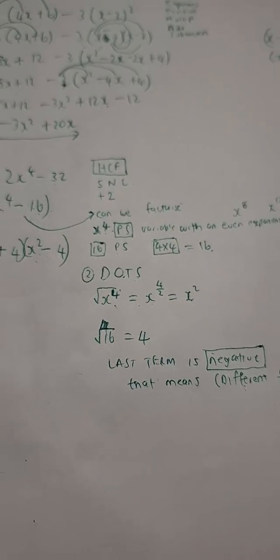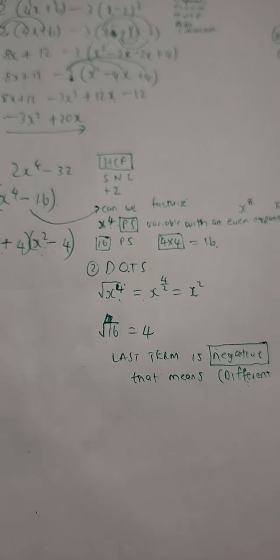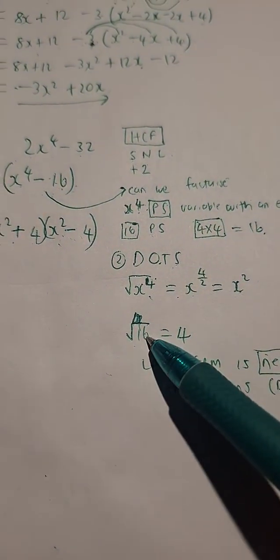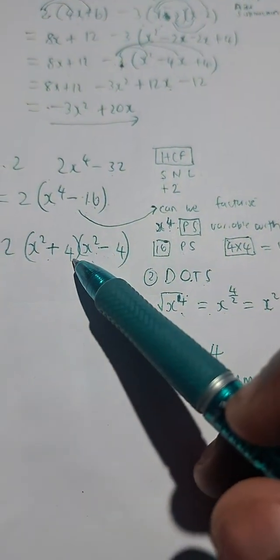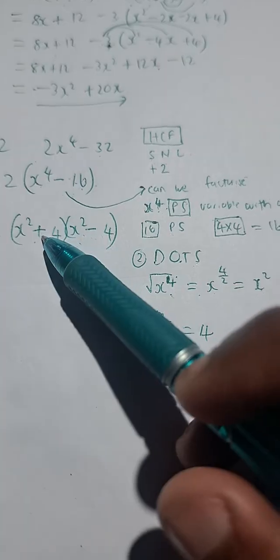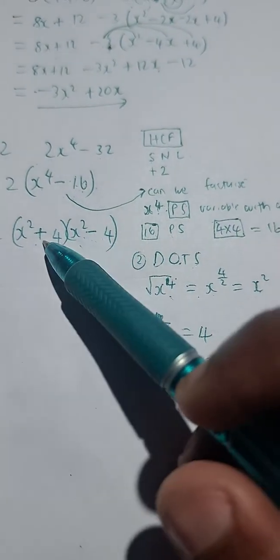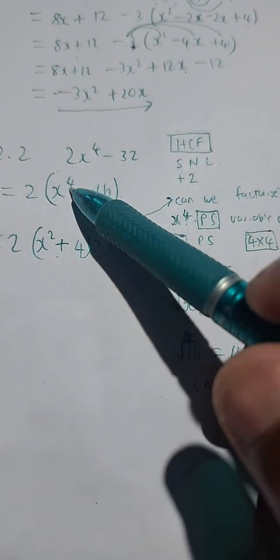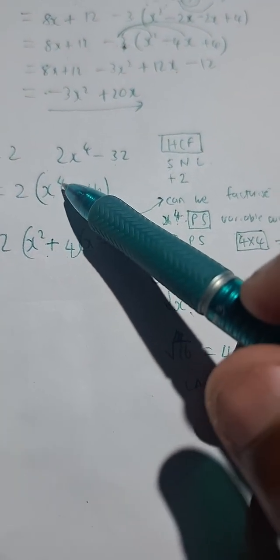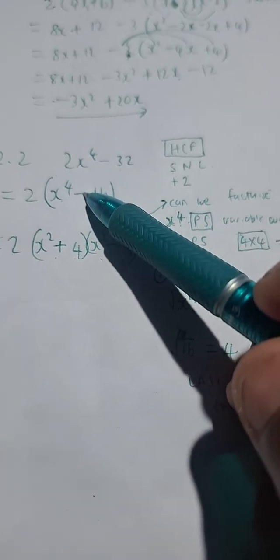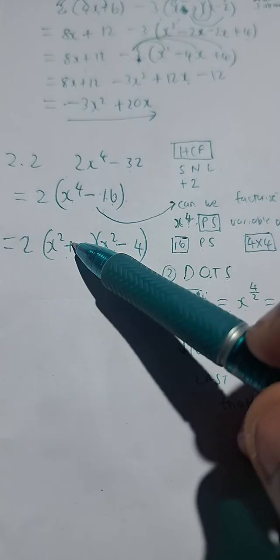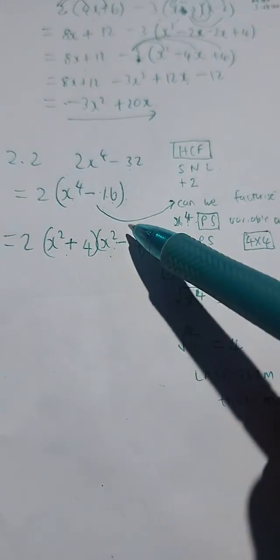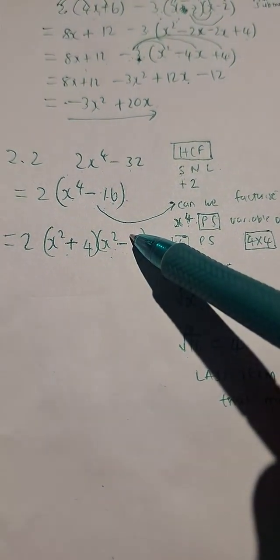That basically means a negative number underneath an even root is non-real. So we take the square root of 16 as a positive number. We establish what the numbers are, then we write different signs inside the brackets, because our last term for the difference of two squares is negative. We put a positive for one of the brackets and a negative for the other bracket.